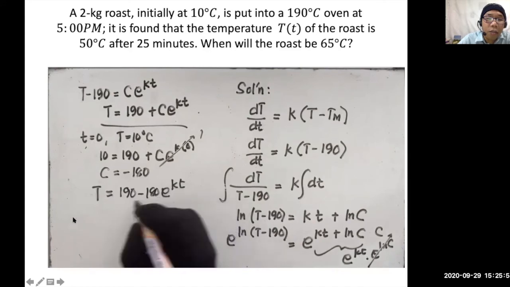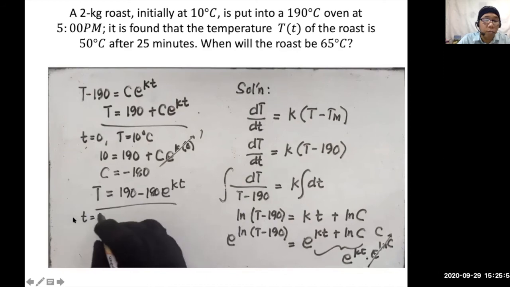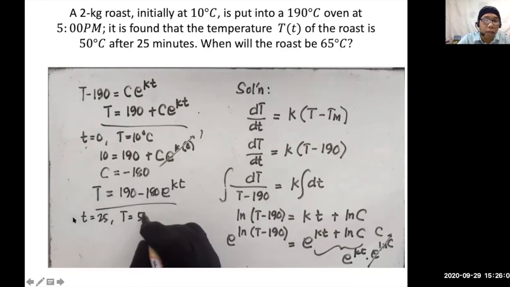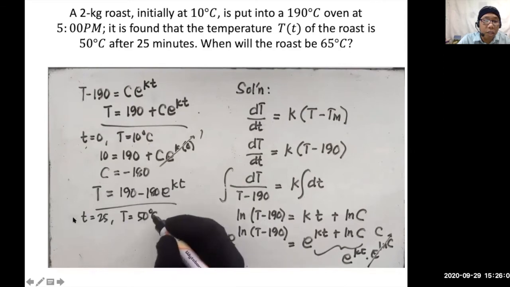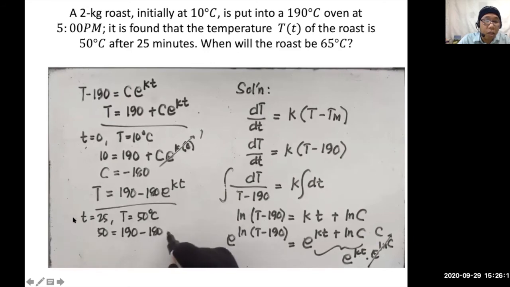So this is now our solution. Now we use the next condition to solve for the value of k. So after 25 minutes, the temperature becomes 50 degrees Celsius. So you plug it in that solution. So 50 equals 190 minus 180 e raised to k times 25 minutes.